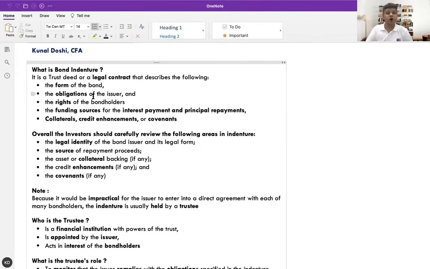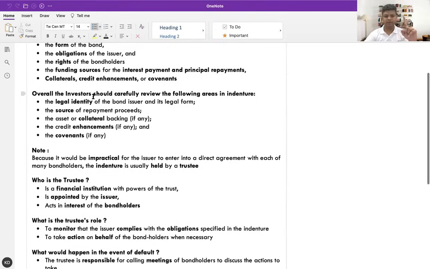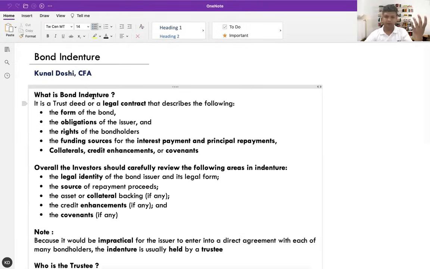What is the collateral or security provided by the issuer, and so many other details that will be a part of the contract, right? The contract between the bond issuer and the borrower is called the bond indenture. Indenture is the meaning of the contract. Clear? It's also called a trust deed or a legal document. That's called indenture in bonds.